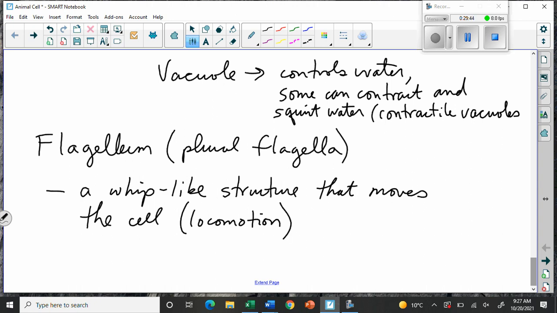Lots of cells have flagella. We say they are flagellated cells. The most common one, of course, is the sperm cell. Everybody knows a little sperm has the little tail that wiggles out the back. That's its flagellum. But some cells, especially bacteria cells, they have many flagella. They have much more than just one or two. They can have 8 or 10 or 12 or whatever. And these all sort of work in conjunction with each other.